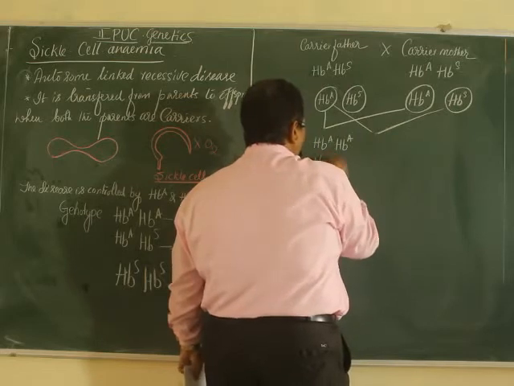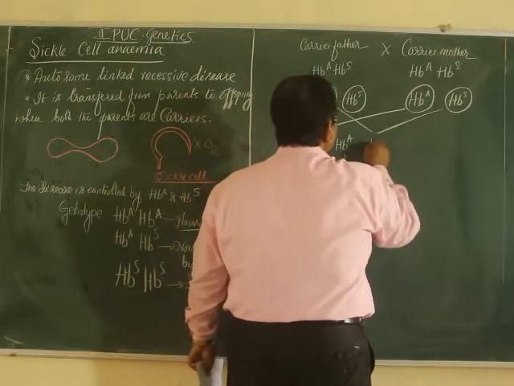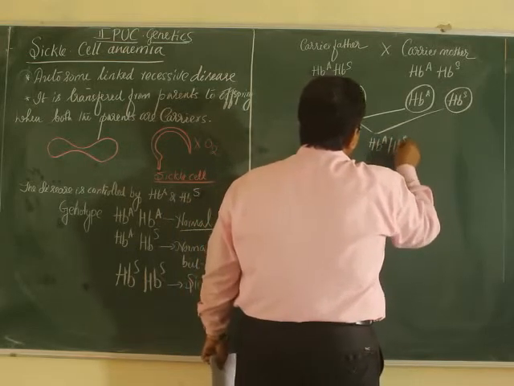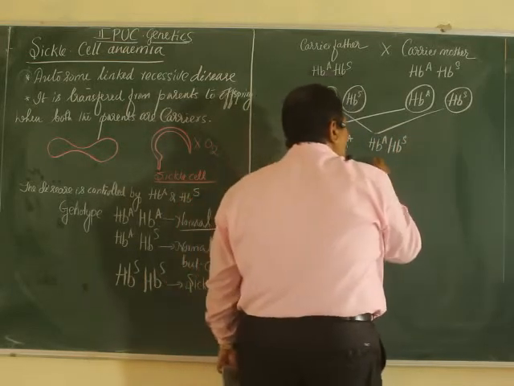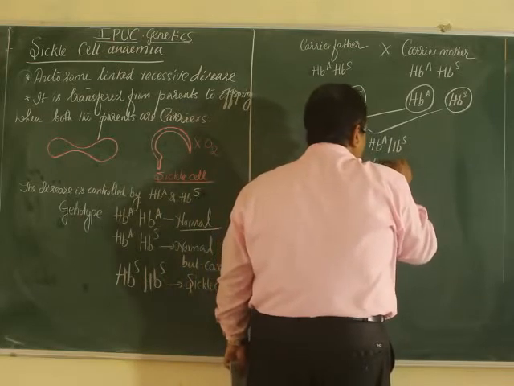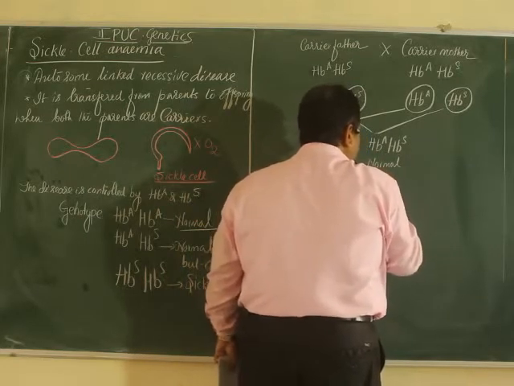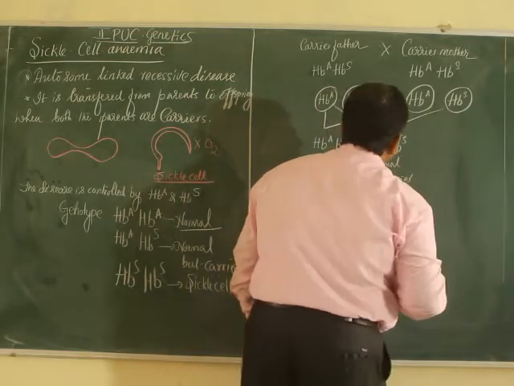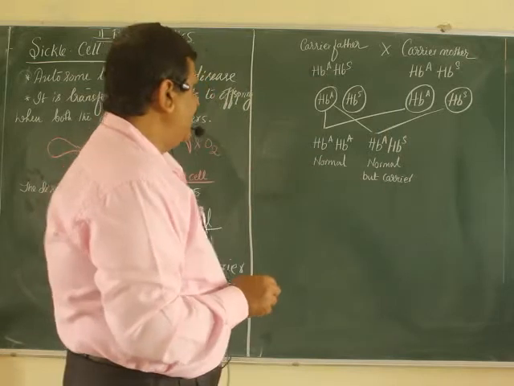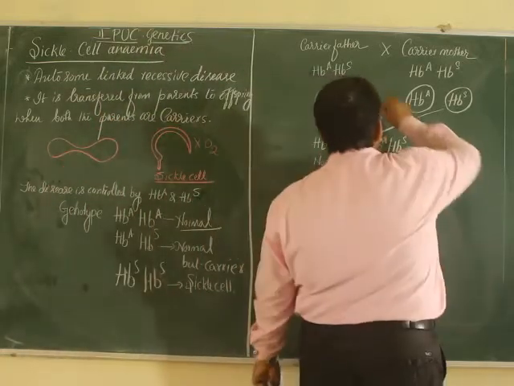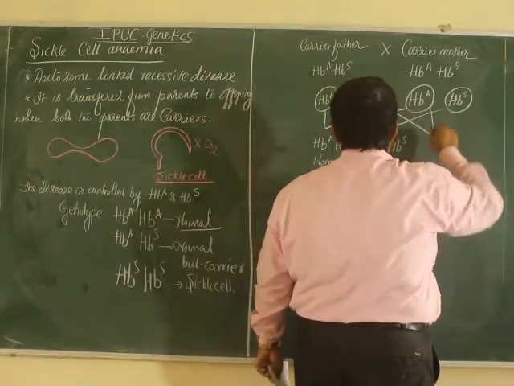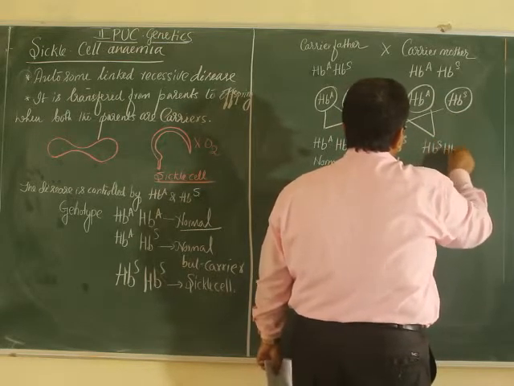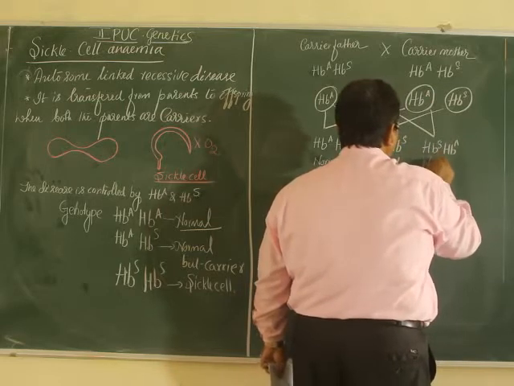Normal, I write normal. Then HBA, HBS, the person will be normal but a carrier. Then HBS, HBA: normal but carrier.